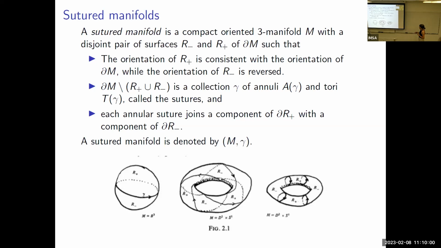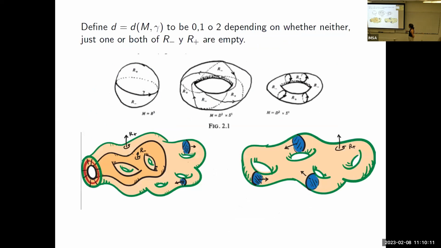And here we can see simple examples of sutured manifolds. Those are from our paper. And here we can see other examples of sutured manifolds. These pictures are also in our paper.